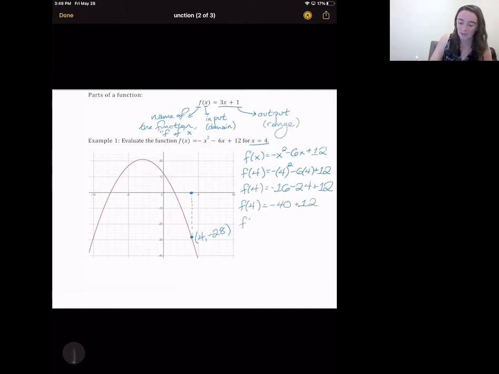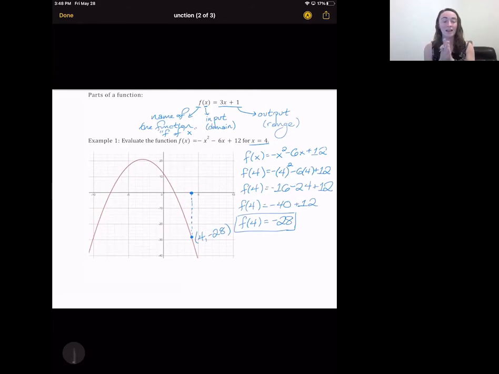Negative 40 plus 12 is going to give us negative 28. Oh, fantastic. That is exactly what we saw on the graph. If we went to the input x equals 4, and then saw the value of the graph at x equals 4, we got negative 28. So this aligns perfectly with what we found algebraically.